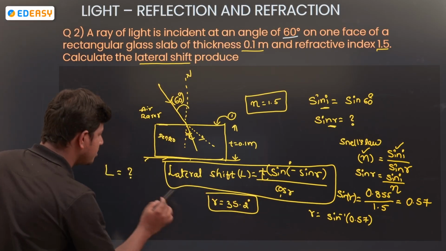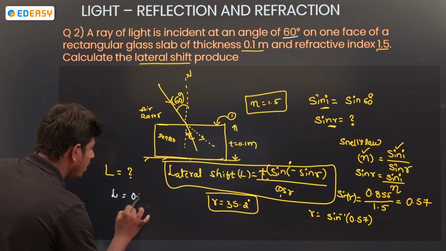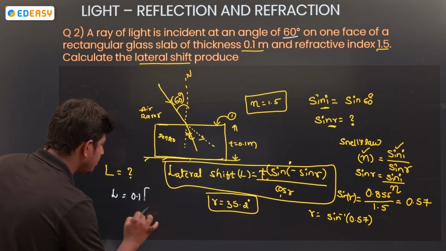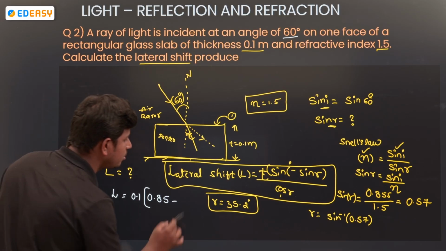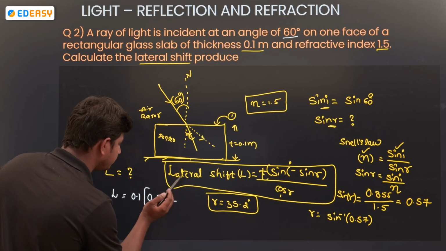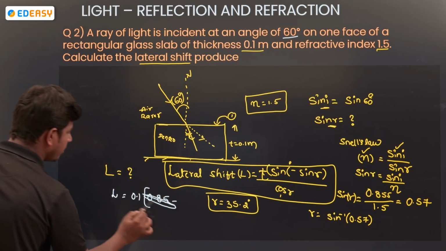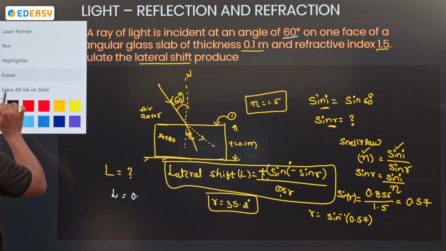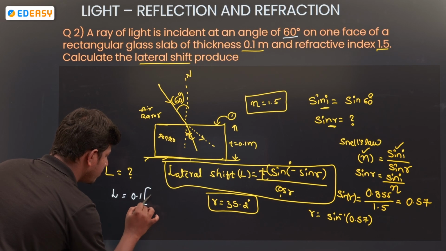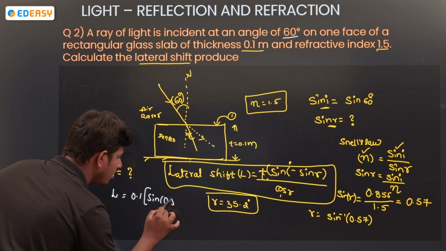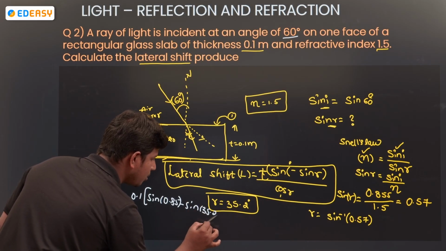Substitute all the values. L is equal to T value 0.1, sin I value 0.85, sin R value minus sine of 35.2.